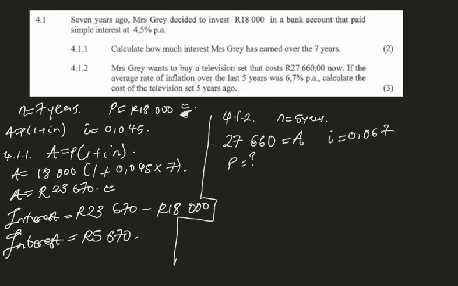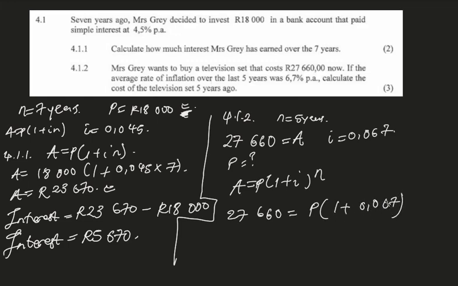Okay, but wait. Which type of formula are we using, simple interest or compound? They said average rate of inflation. Keyword, inflation. Inflation means you use the compound interest formula. So now, the accumulated amount is 27,660, which equals P, because we don't know P, times 1 plus our i, 0.067, raised to the 5 years they spoke about.